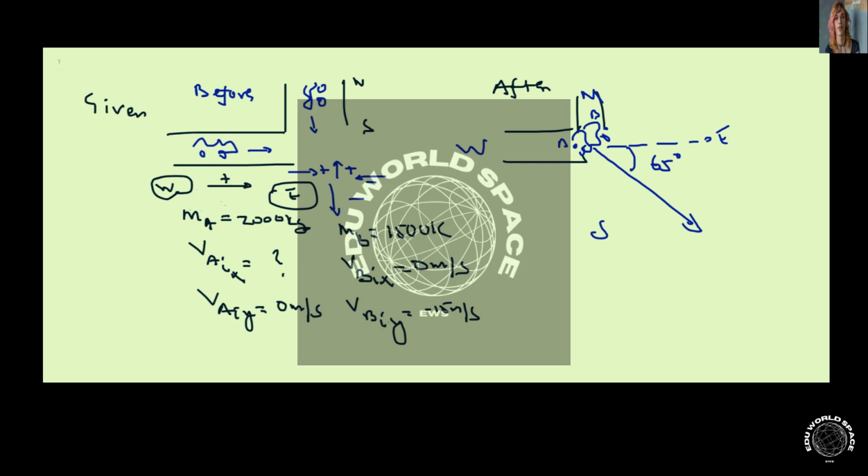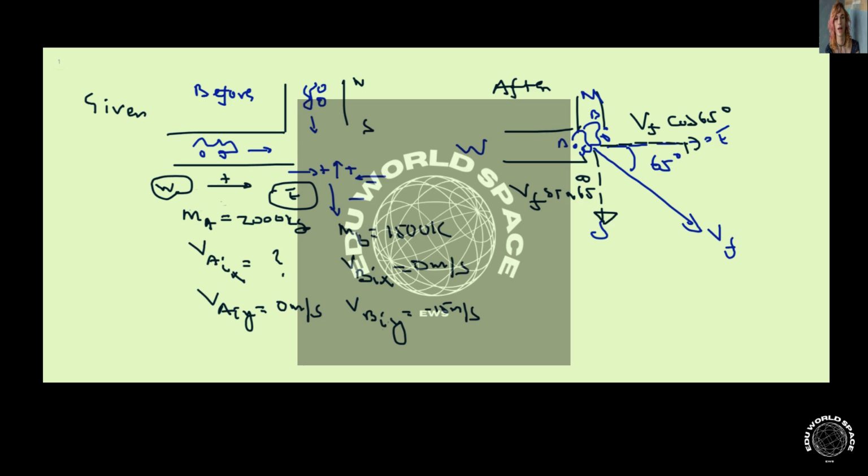They'll have a final common velocity, which we call V final, and that V final has component vectors. The downward component would be V final sine of 65, because it's opposite the angle 65, and the same V final in the x direction will be V final cosine of 65.